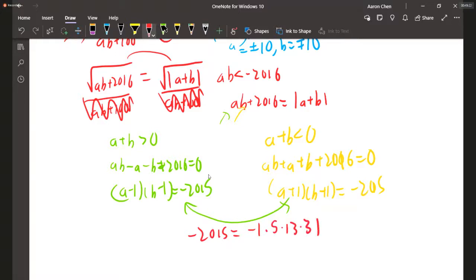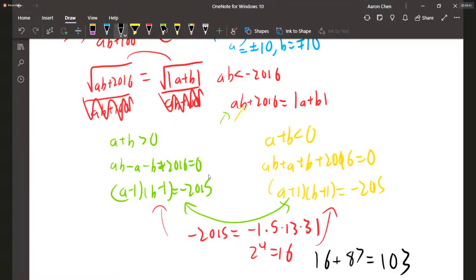And so this creates a total of 2 to the 4 equals 16 cases. And 1/2 of the cases go here, and 1/2 of the cases go here. And so this case generates a total of 16 cases. And the first case generates a total of 87 cases. And so the answer is 103.